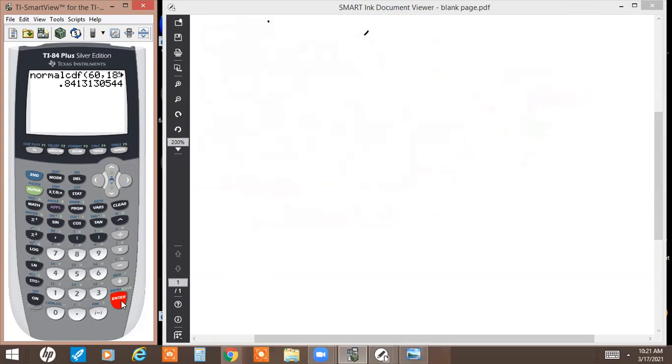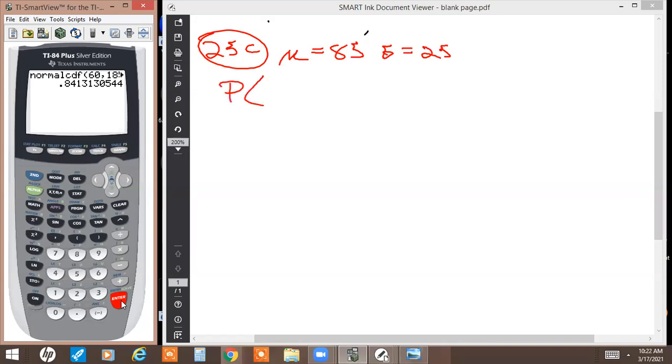I'm going to do essentially the same problem, except part C. Let's make sure I actually write it down correctly this time. The mean was 85. The standard deviation is 25. And part C wants us to find the probability that X is between 16 and 60.